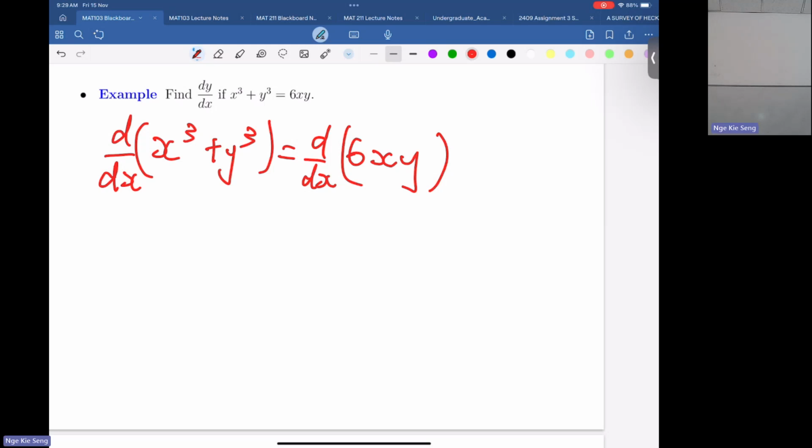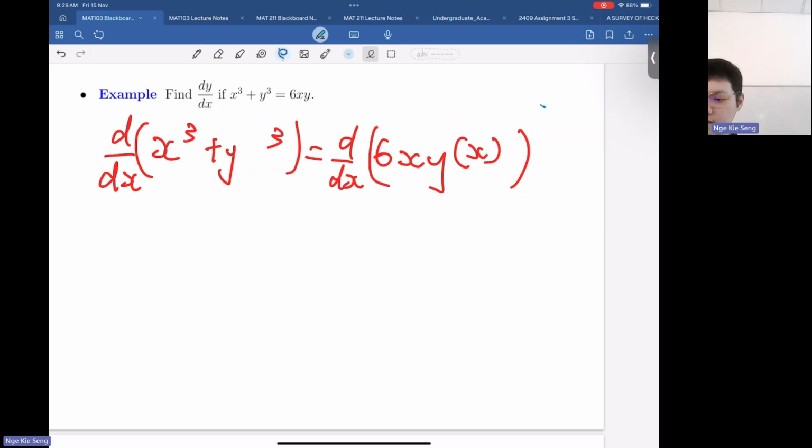Okay, and then we actually treat y as a function of x. We think of y as dependent on x here. Although we cannot split it, somehow we know there's a relation between them. Do you remember I showed how to see a dependent variable? If I fix x, then you can somehow get your y through this equation.